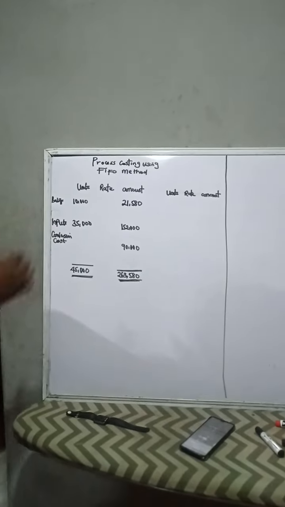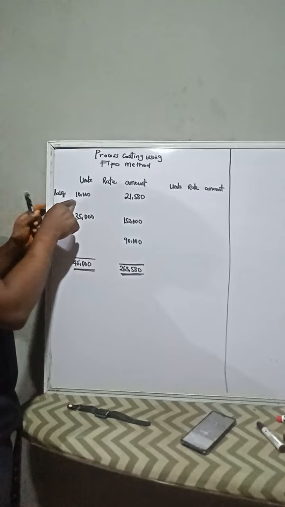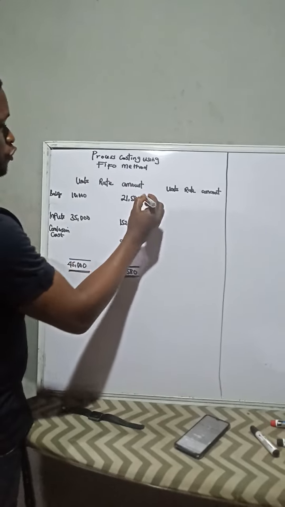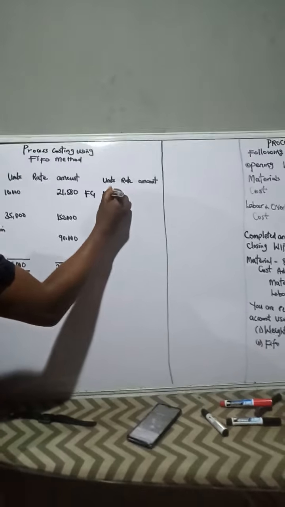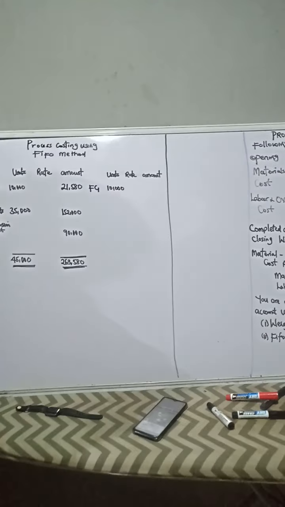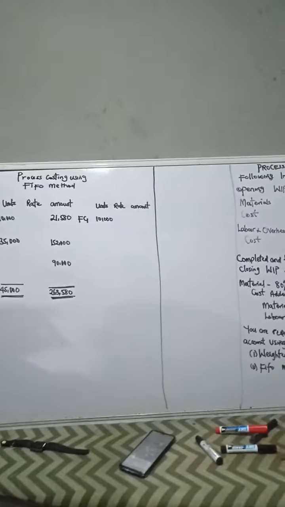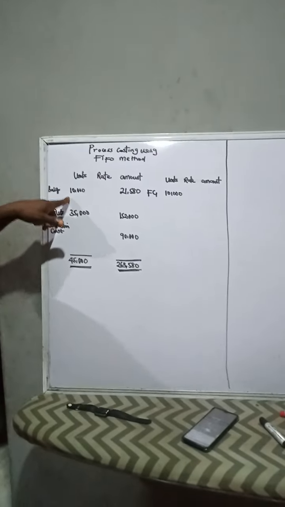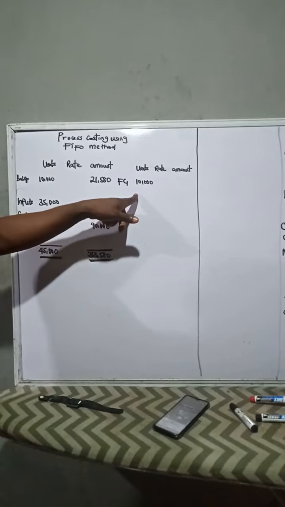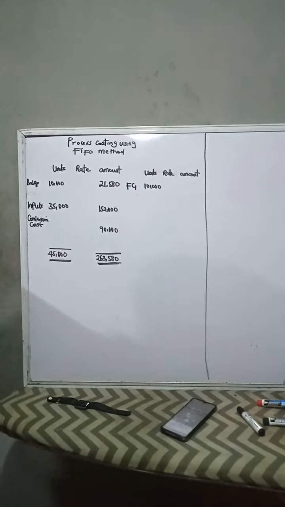How do you deal with the unit column? The first change under the FIFO method is this. The balance brought forward of 10,000 units will become finished goods. You bring it here as 10,000. That is the first rule. The 10,000 units you have here as opening balance will become finished goods as 10,000 units.